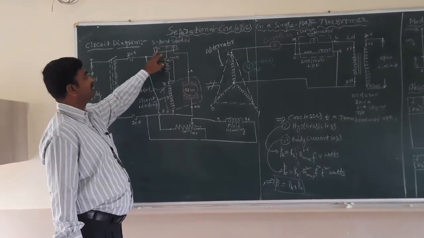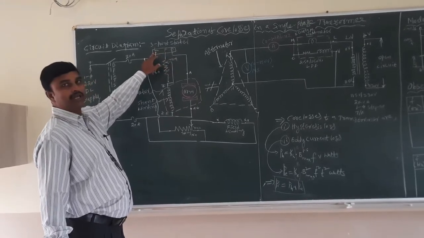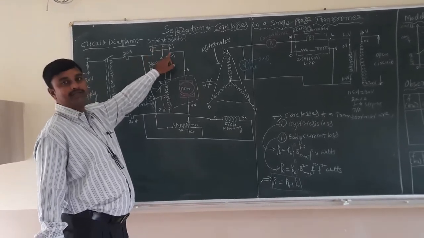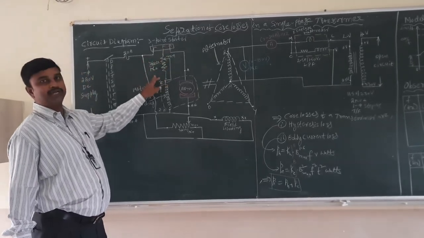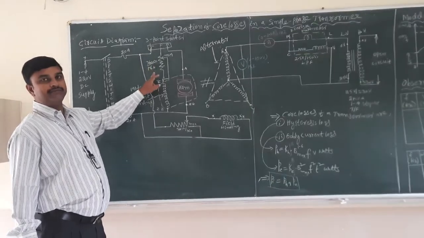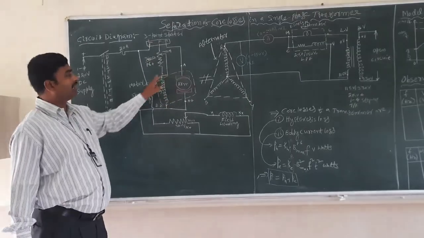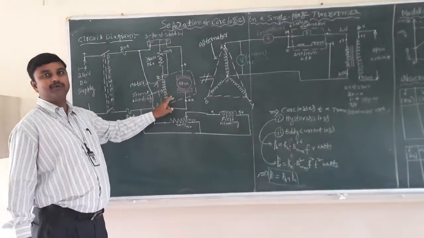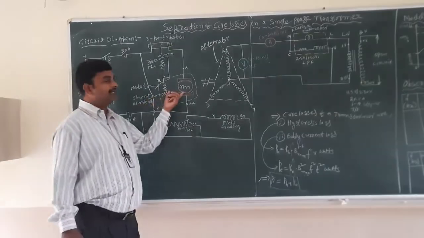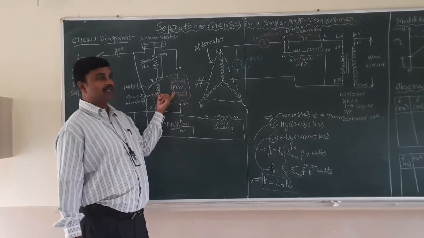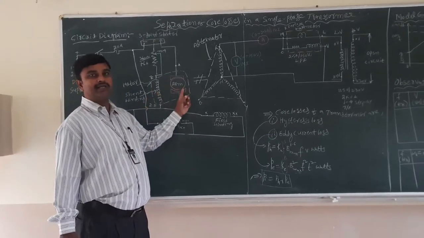The 3-point starter consists of 3 points: line, field and armature. In the field we place a rheostat. By varying the field rheostat, we bring the motor to its rated speed. Once the motor attains its rated speed, it converts electrical energy into mechanical energy.